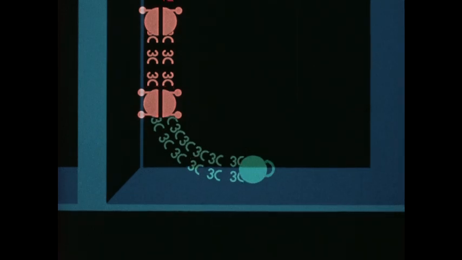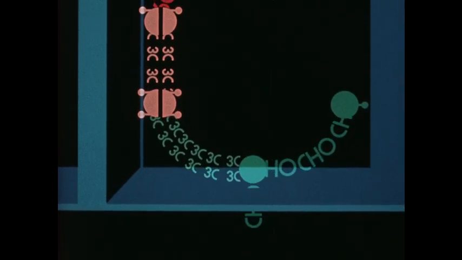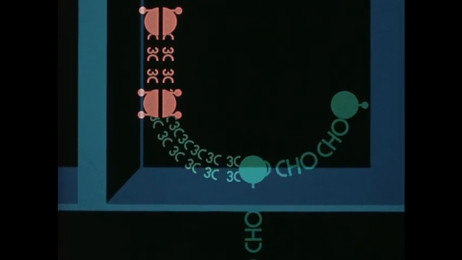In this cycle, carbon dioxide enters the reaction and combines with a 5-carbon compound to form an unstable 6-carbon intermediate. The intermediate breaks down into 2 molecules of a 3-carbon acid. The 3-carbon acid is converted into either a simple sugar or a complex sugar, such as glucose, both end products of photosynthesis.